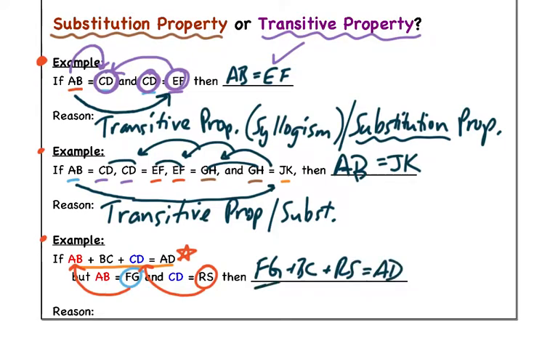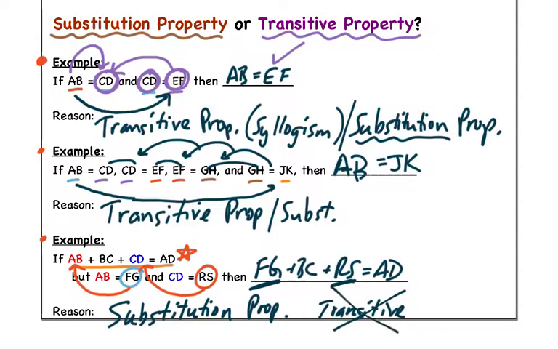So what I did is I took AB out and plugged in FG. I took CD and plugged in RS. What's the reason for that? That is absolutely, no doubt, 100% substitution. Transitive? No, it is not transitive at all. So I'm going to cross out transitive. It can't be transitive, it's only substitution.